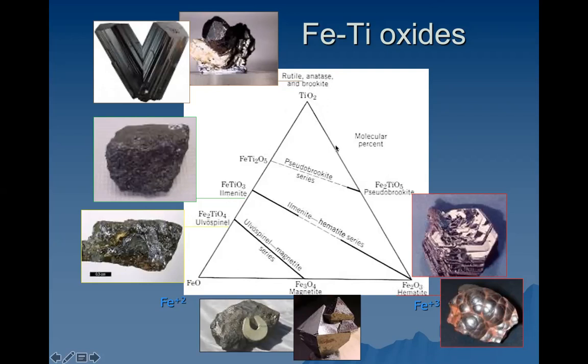rutile, and like that. There can be some compositional variations, and these variations also have some group names, right? Series, different series, because they are the most commonly occurring minerals under this iron titanium oxide group. For example, if you are looking for a composition somewhere here, you will basically see rutile only, right? Very small amounts of intermediate compositions fall in this region where you can see this arrow, right?